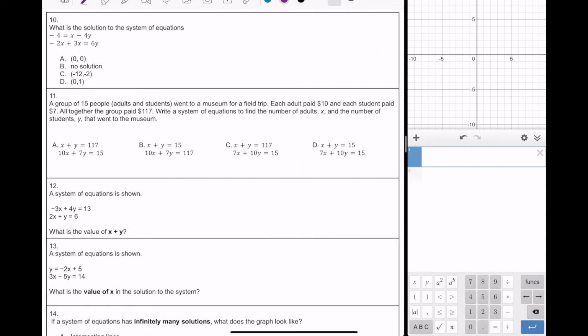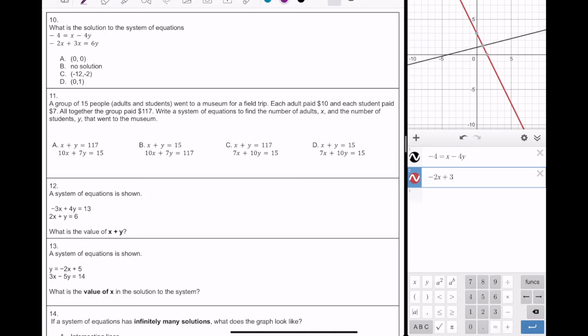Number 10, what is the solution to the system of equations? Well, we just need to type these into Desmos and see what we get. Negative 4 equals x minus 4y, and negative 2x plus 3x equals 6y.